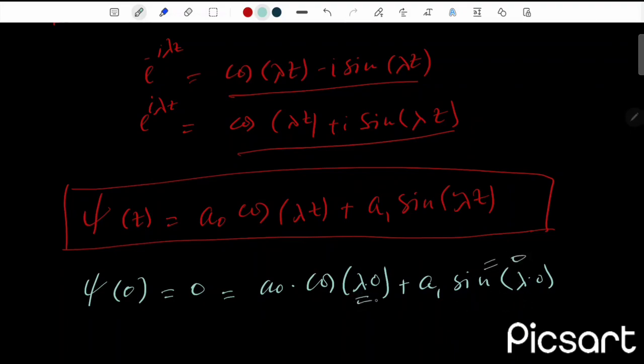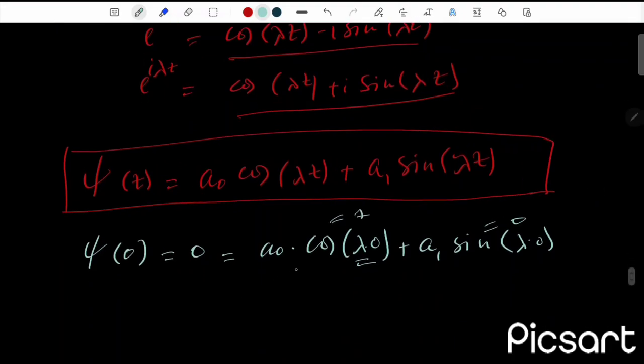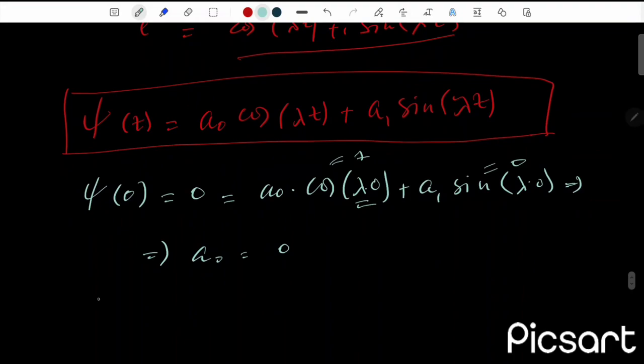So we have a0 equal to 0, and we only have psi of z equal to a1 sine of lambda times z.